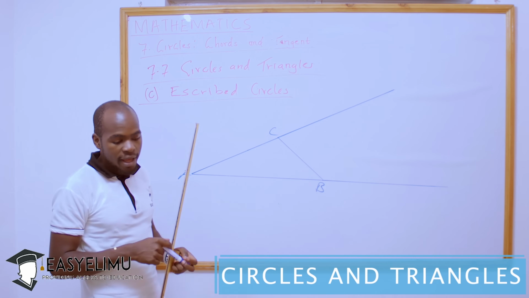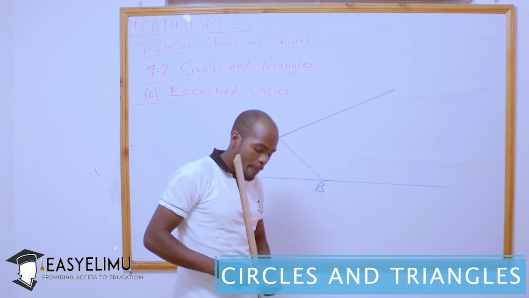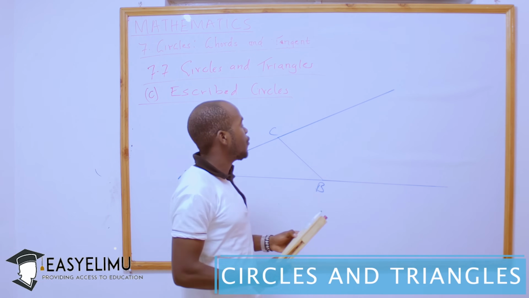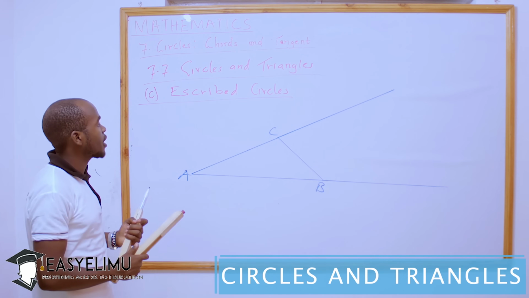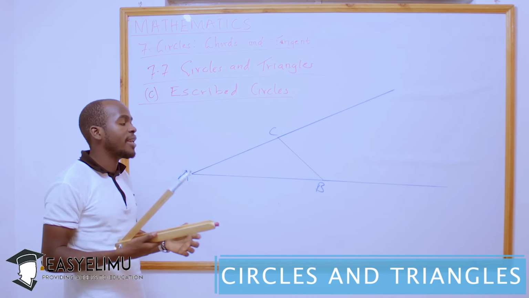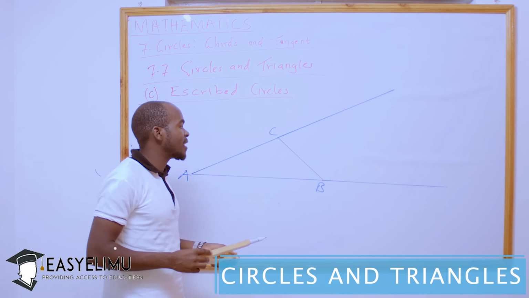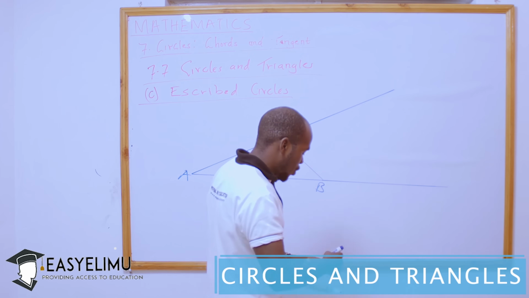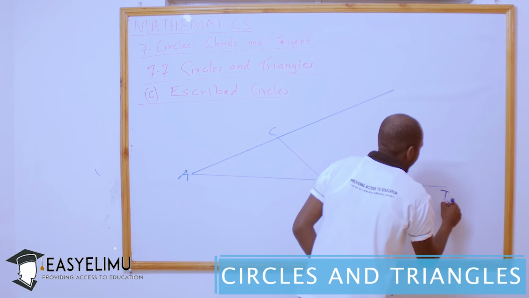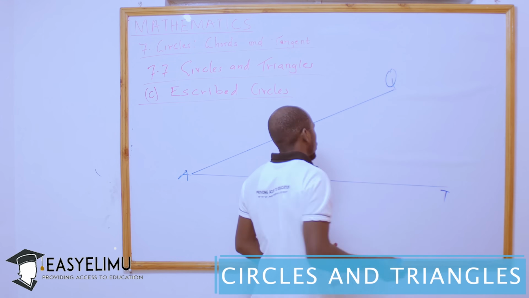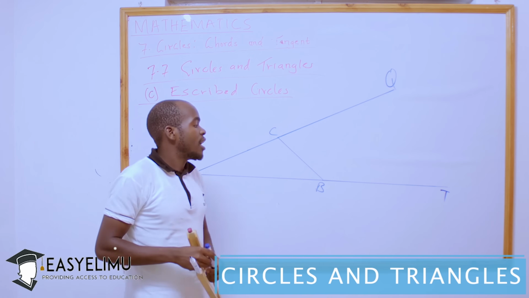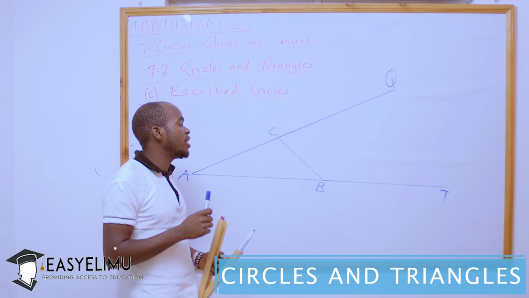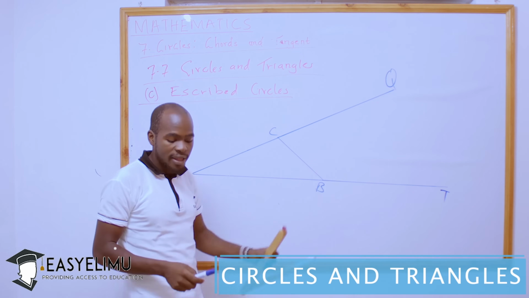From there, use your pair of compasses. Now, if you need to construct an inscribed circle, you will open any radius. Let this point be T and this one Q. We are going to bisect angle TBC, the angle ABC produced, which is outside there.